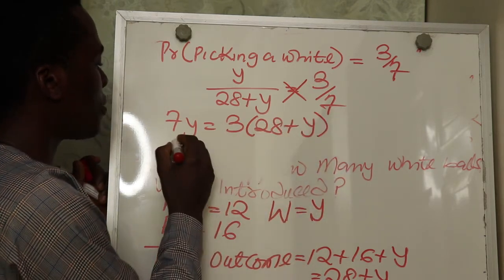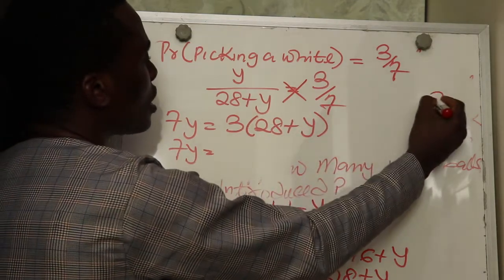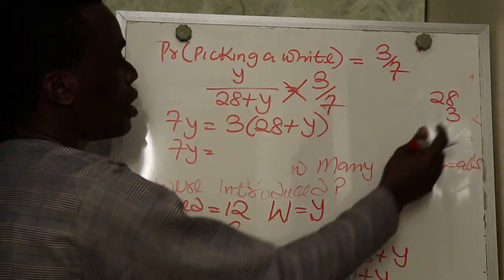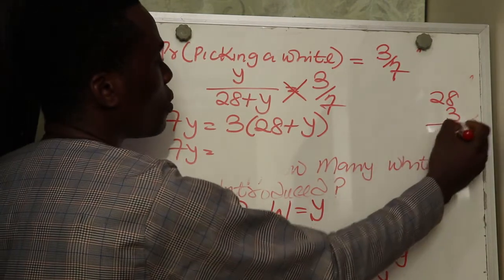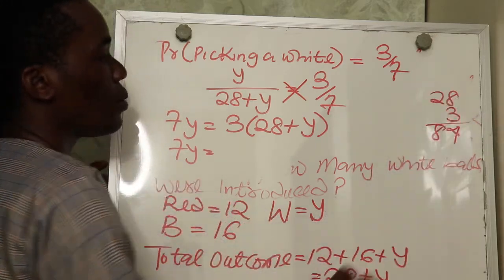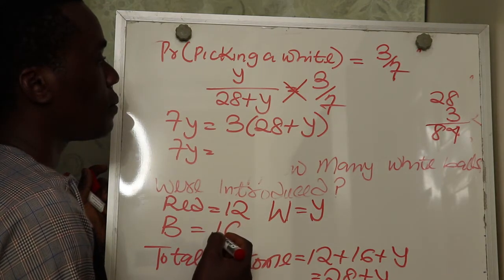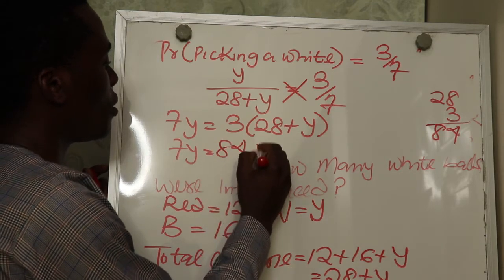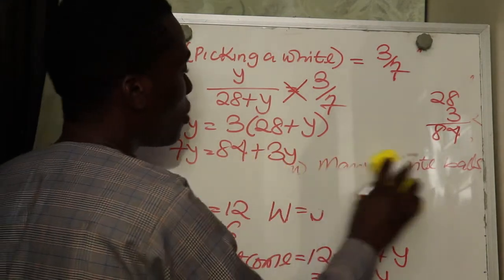If we simplify this further, 7y will be equal to 28 times 3. 8 times 3 gives us 24, so we have 4 carry 2. 3 times 2 gives us 6, so that will give us 84. That will give us 84 plus 3y.